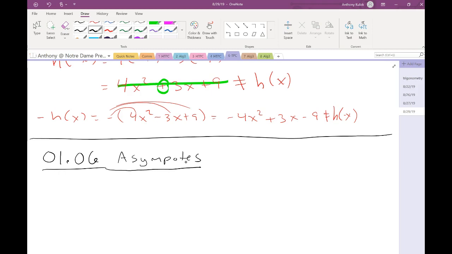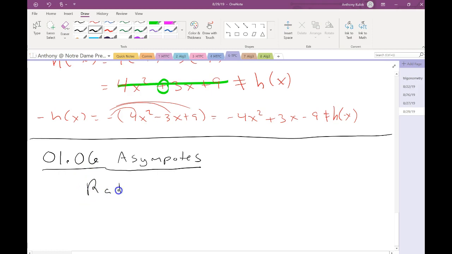Remember that topic from last year? Starts with an R. The other R. Not radians, I don't think we talked about those at all last year. So, not radical, but rational.